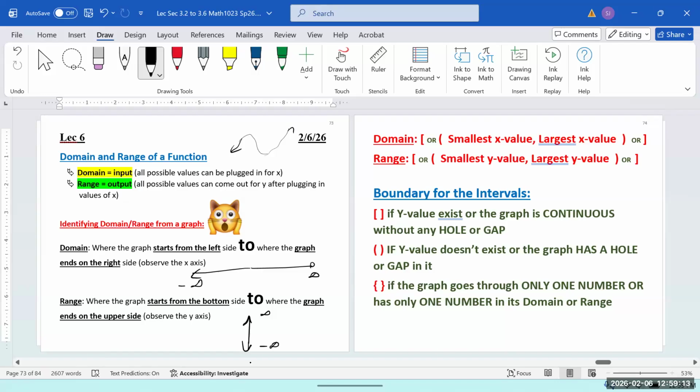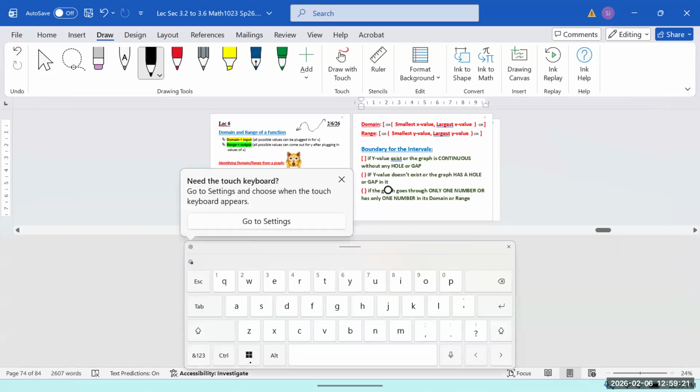For a hole or gap, we use parentheses, and also for infinity. Let me include the infinity. Hole in it, or it has infinity in it.